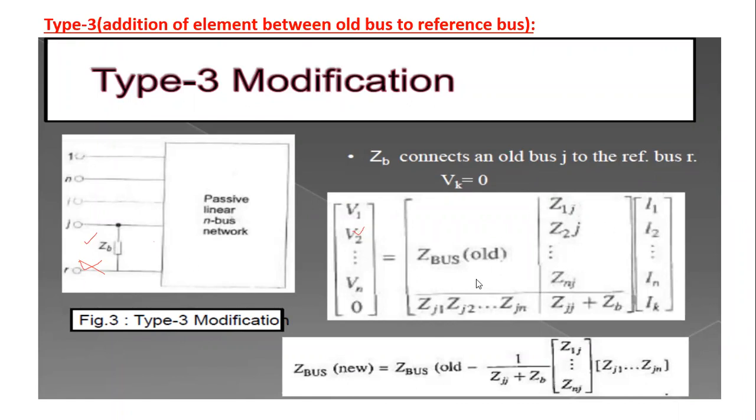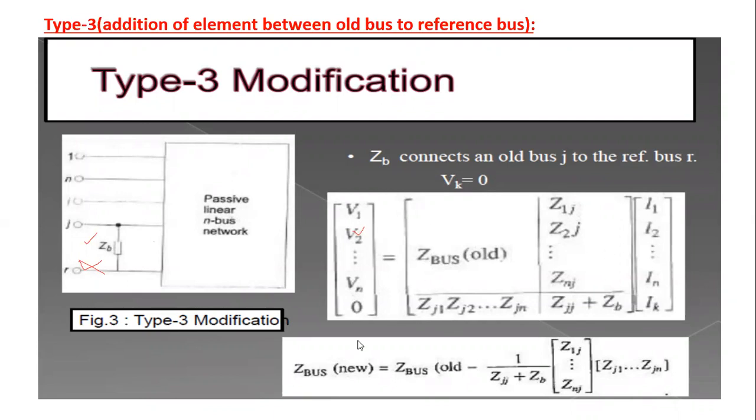Then we can form the Z bus matrix, that is V1, V2 and so on Vn, Vk is equal to 0, that is equal to Z bus old, Z1J, Z2J and so on ZNJ, and then ZJ1, ZJ2, ZJN, ZJJ plus ZB, into I1, I2 and so on IN, IK.